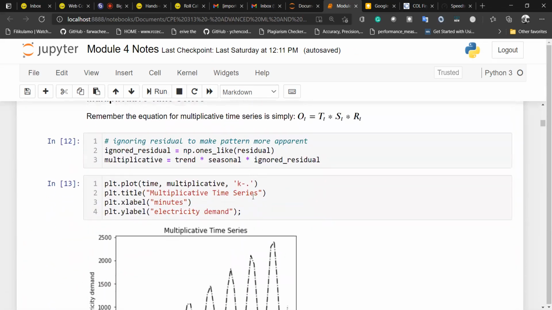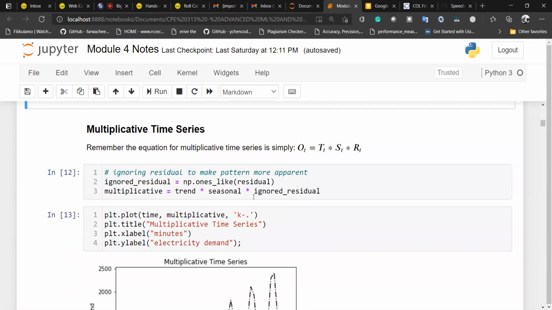For multiplicative, it's different from the additive. The output is generated by multiplying the components of the time series: the trend in terms of time, multiplied by the seasonality in terms of time, and multiplied by the residual in terms of time.